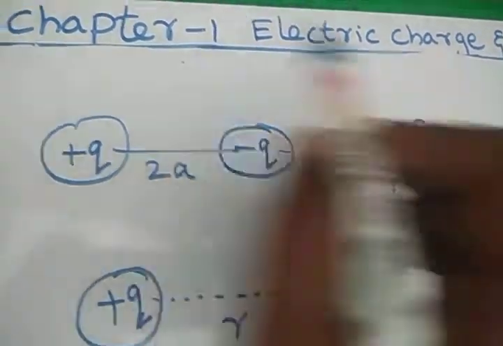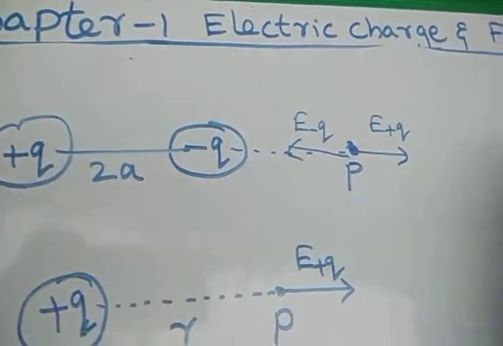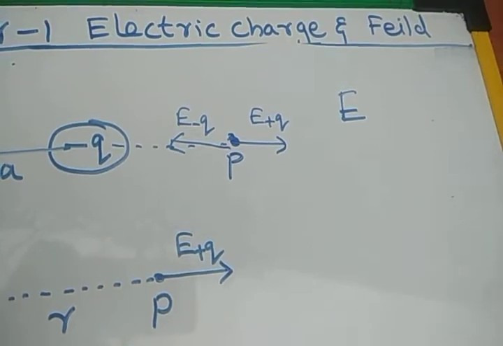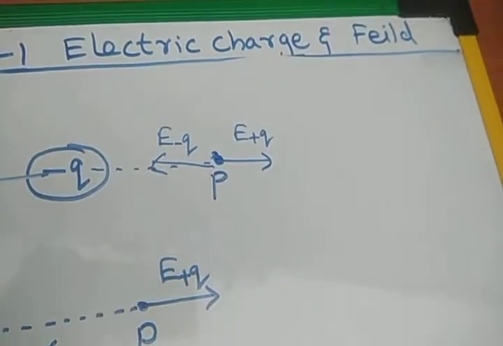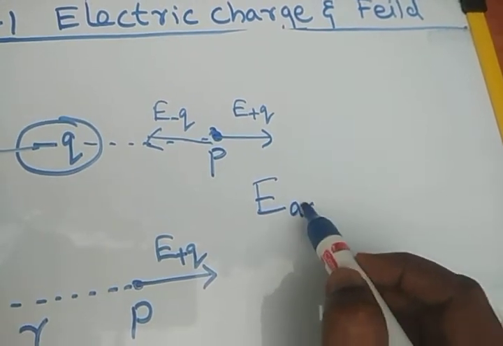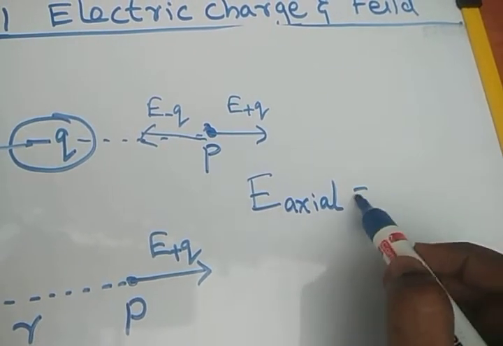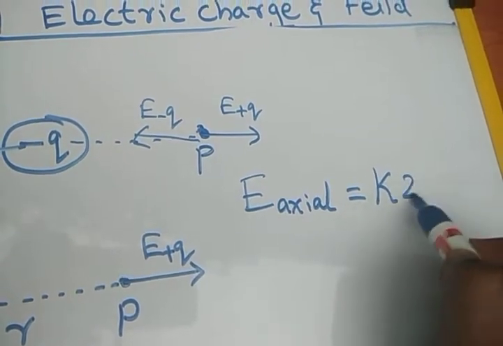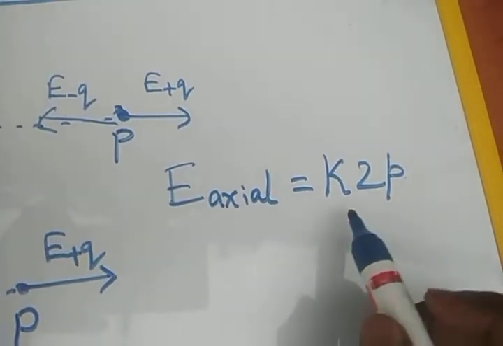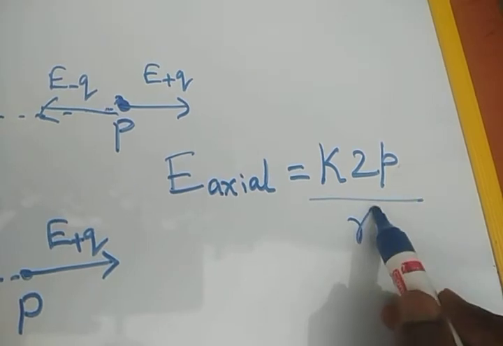By using the formulas and derivation, we already studied that the electric field along the axial point is derived as E axial = K 2P by R cube.